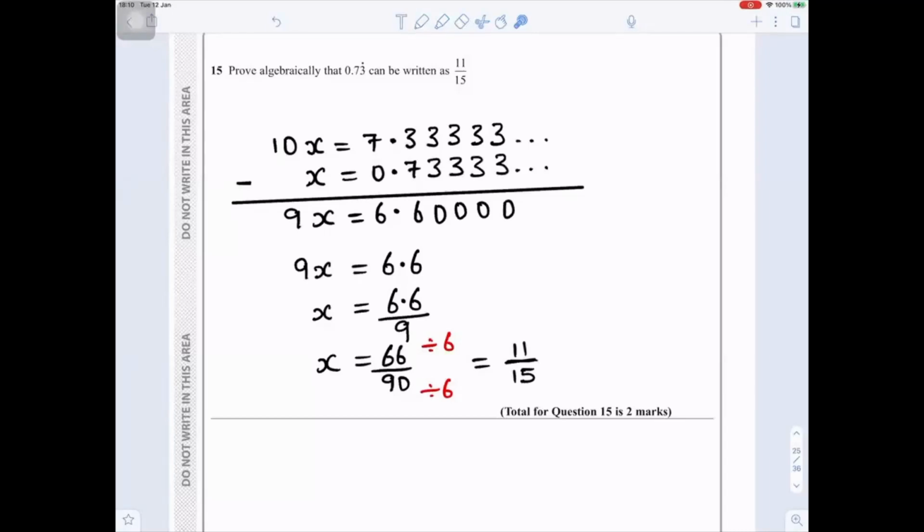Question number 15. Prove algebraically that 0.73, with the 3 recurring, can be written as 11 over 15.